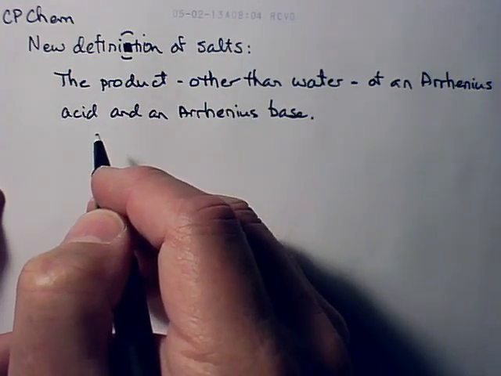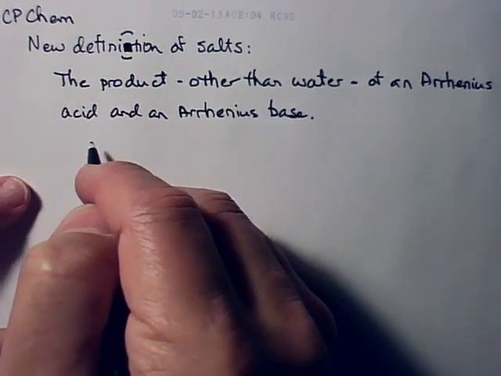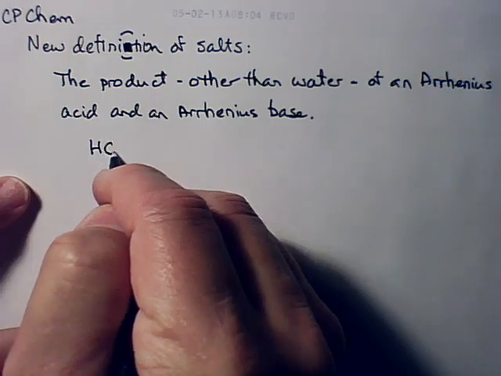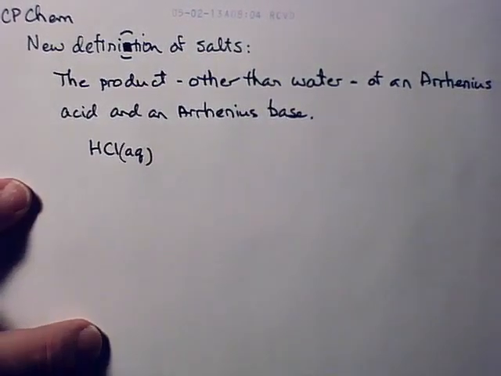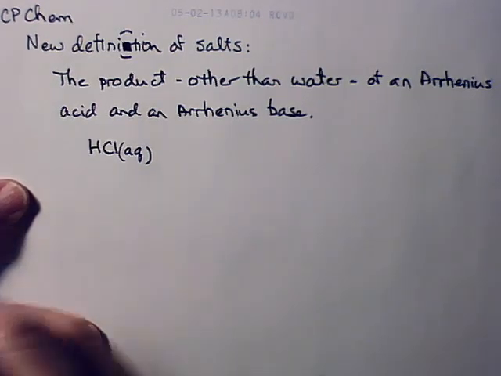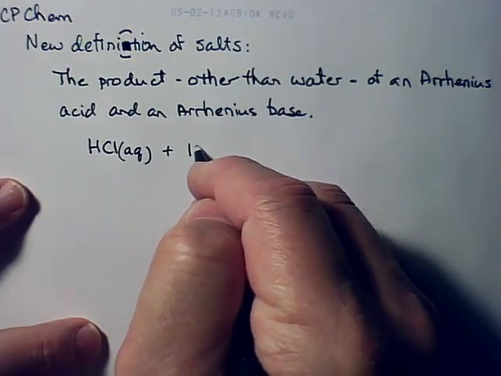So let's look at an example. In the lab, we reacted hydrochloric acid. This was our strong acid in our first lab in this unit. And we reacted it with potassium hydroxide.